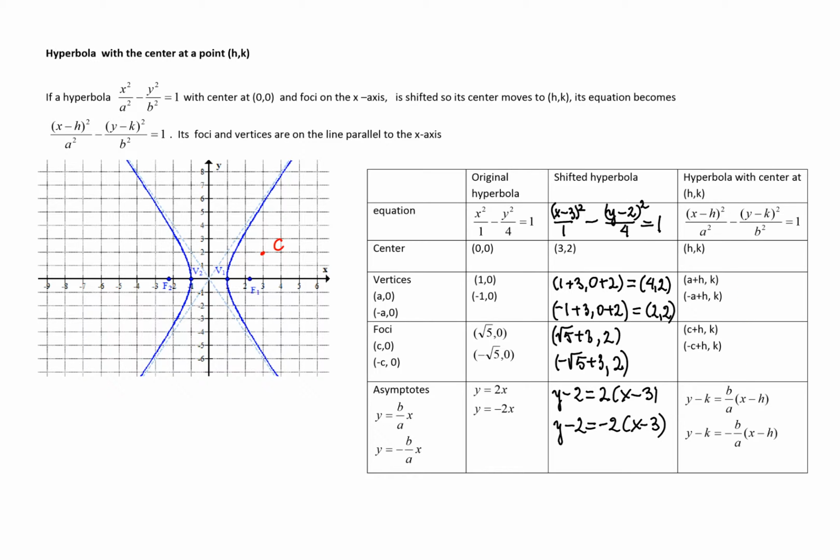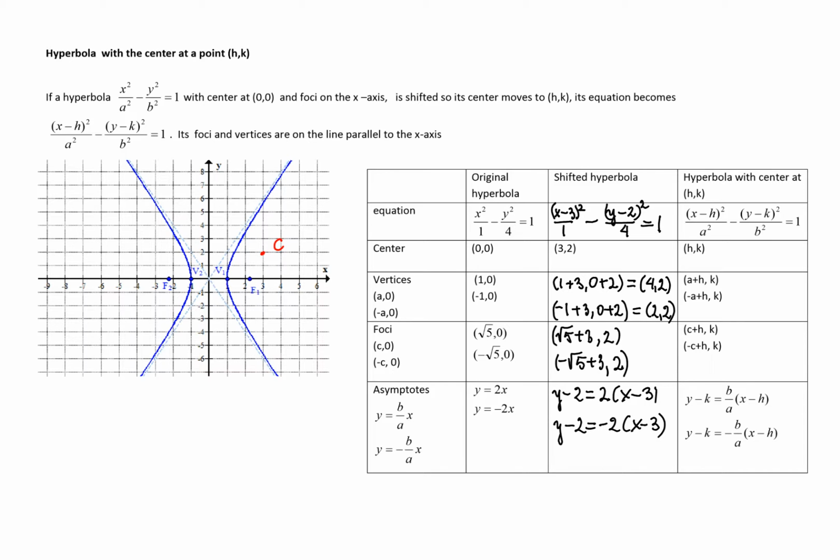And we'll change the vertices in the same way once we determine what's happening to our coordinates depending on the values of h and k, whether the coordinates are going to increase or decrease, and we'll change them accordingly. In the same way we change the equation of the hyperbola, we change the equations of the asymptotes.